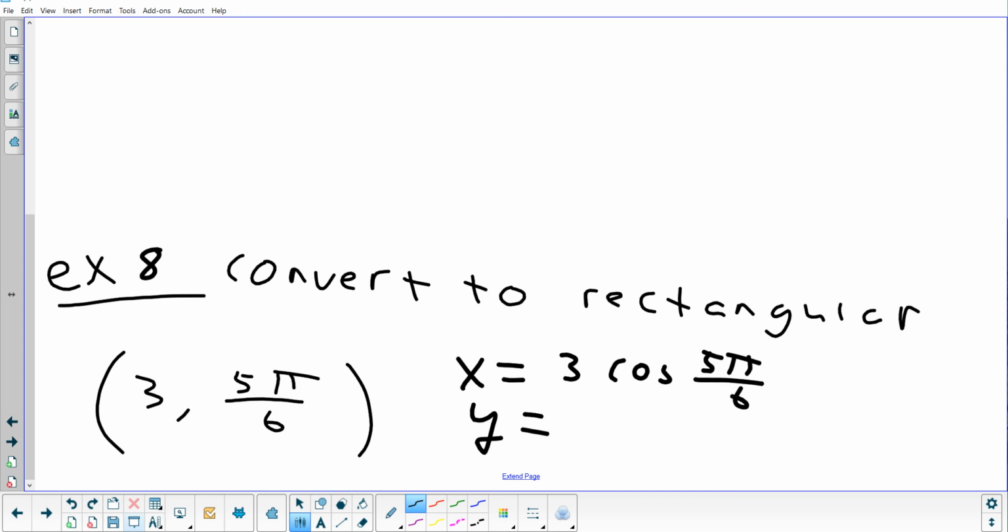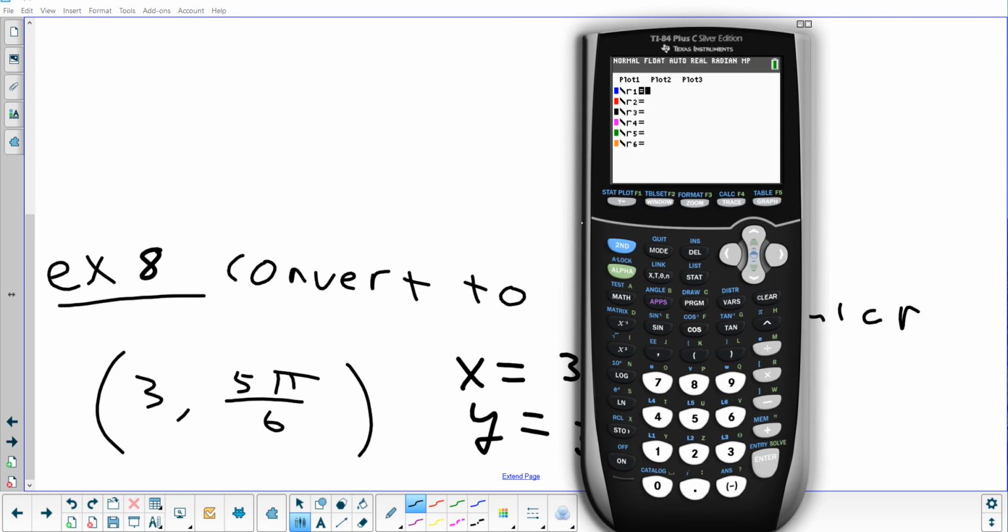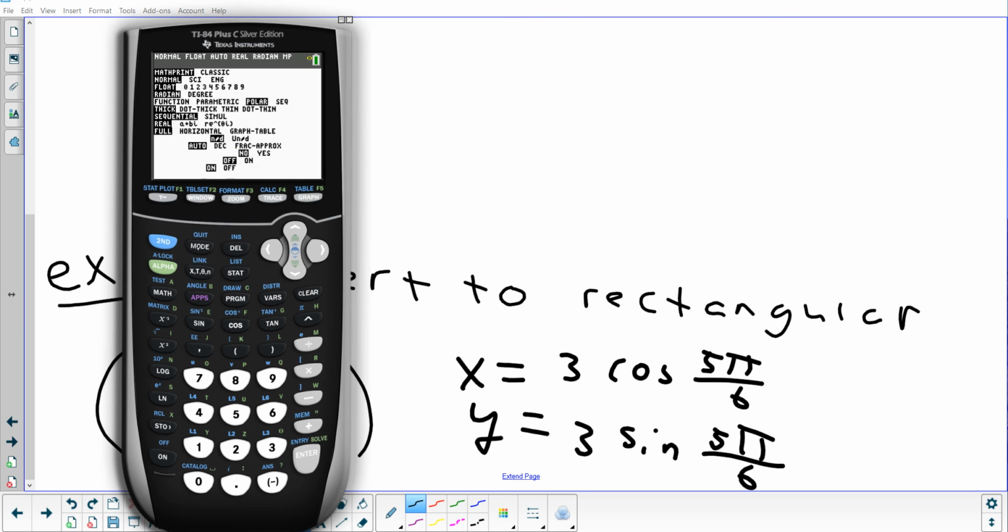And the formula for my y value? Yep. 3 sine 5 pi over 6. And it's perfectly fine to use 5 pi over 6. I just want to make sure of what mode is on my calculator. Radians. So I'm already in radians.